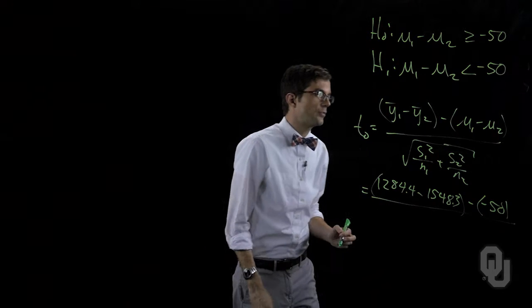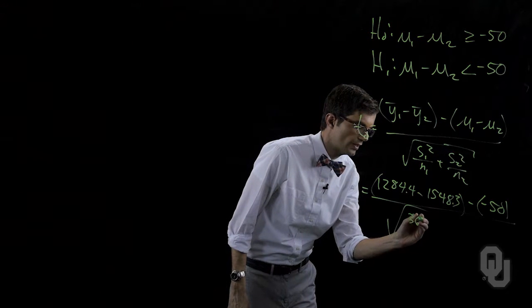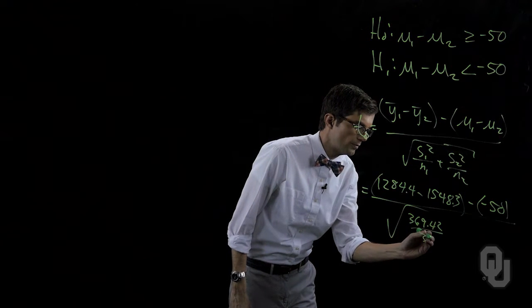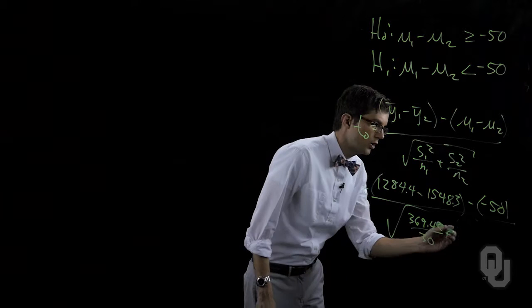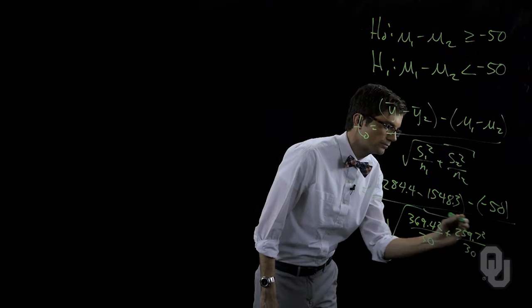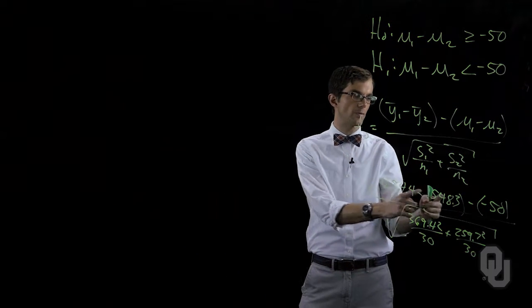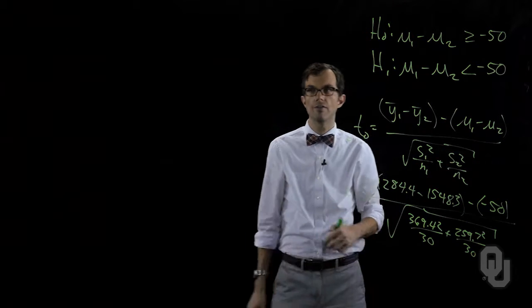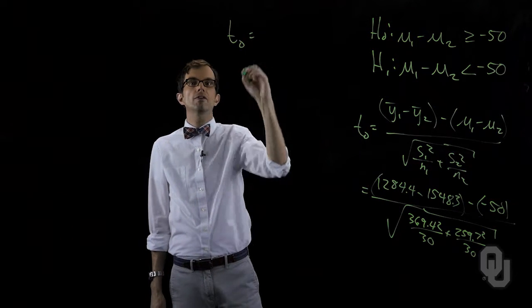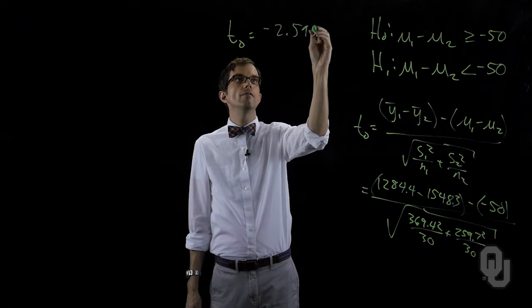And we're going to divide this by standard deviation units. So that is 369.4 squared over 30 plus 259.7 squared over 30. So how different is the evidence from the hypothesized value in standard deviation units? Whenever we work that out, we get a value of negative 2.595.